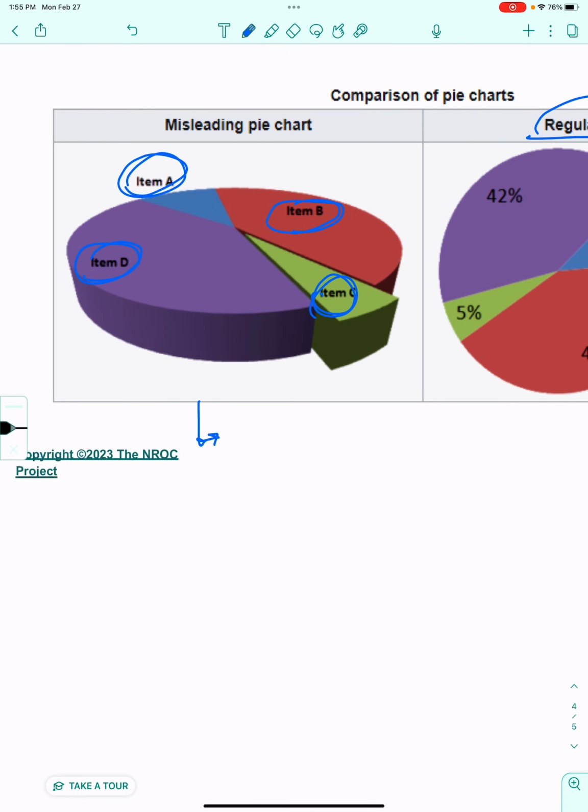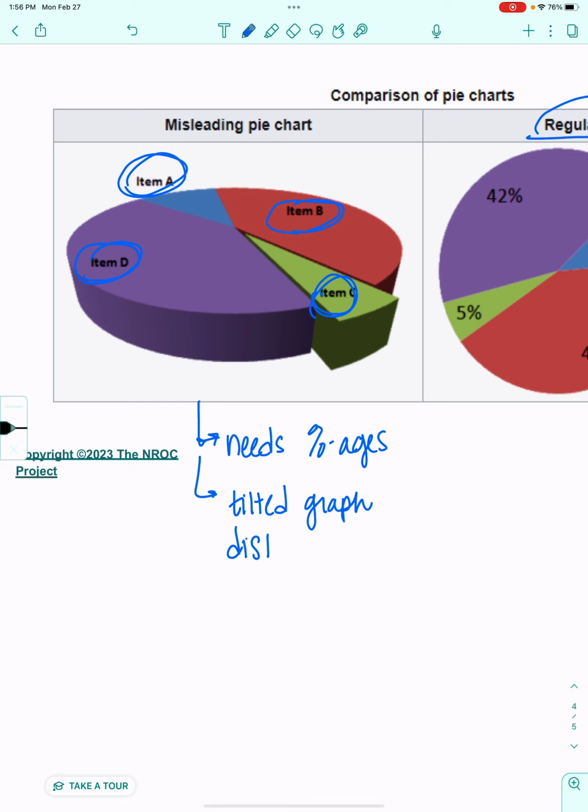Make sure you see percentages. Without the percentages labeling the graph, it's hard to tell what the graph is actually telling you. Make sure that you realize a tilted graph distorts the images.